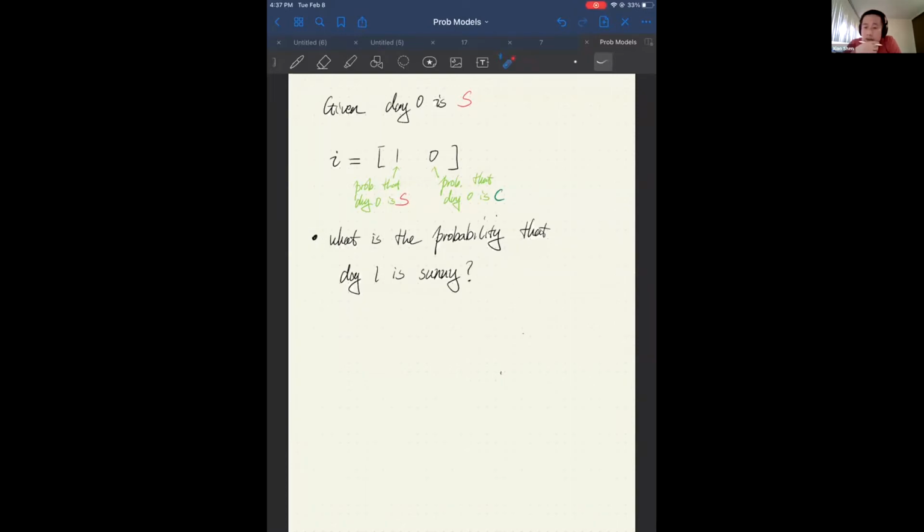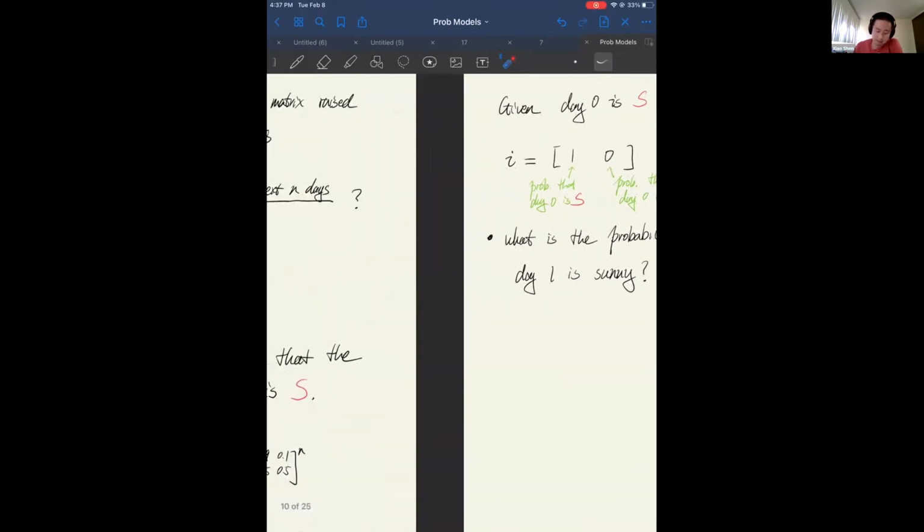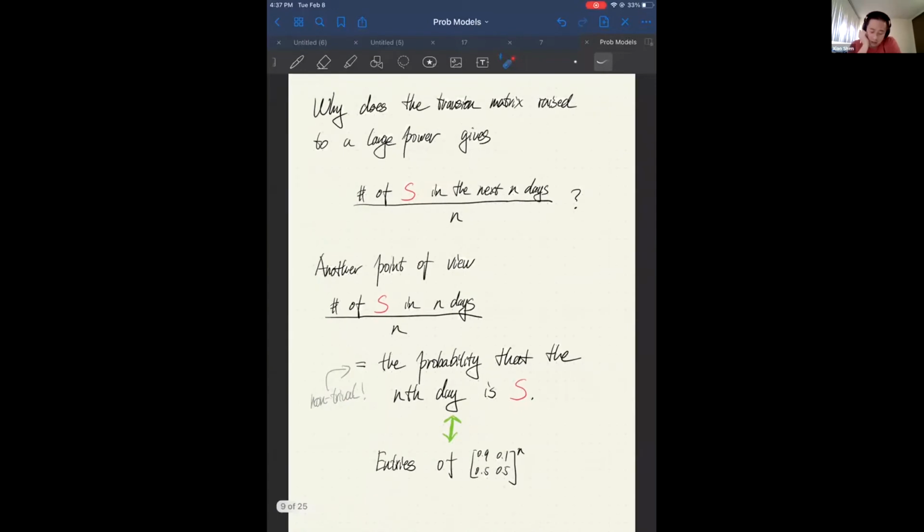Oh, sorry. Someone asked, can we think of this equality as a frequency interpretation of probability? Yeah, that's actually a good idea. I never thought about it, but I would definitely see it makes sense, right?